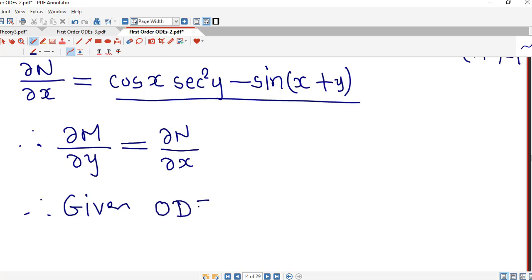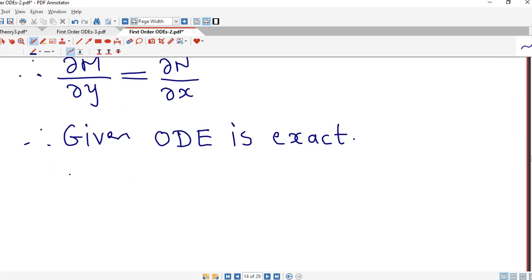Given ODE, which means ordinary differential equation, and once the equation is exact we can directly write its general solution using the formula for general solution of exact equation.